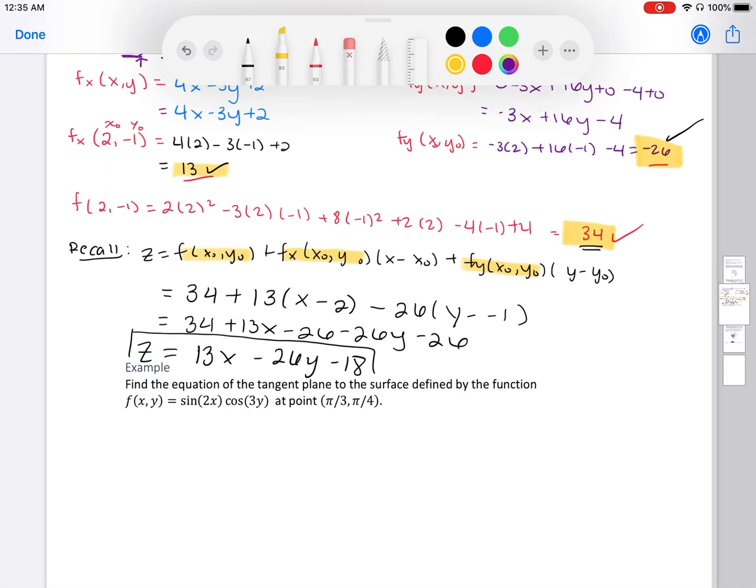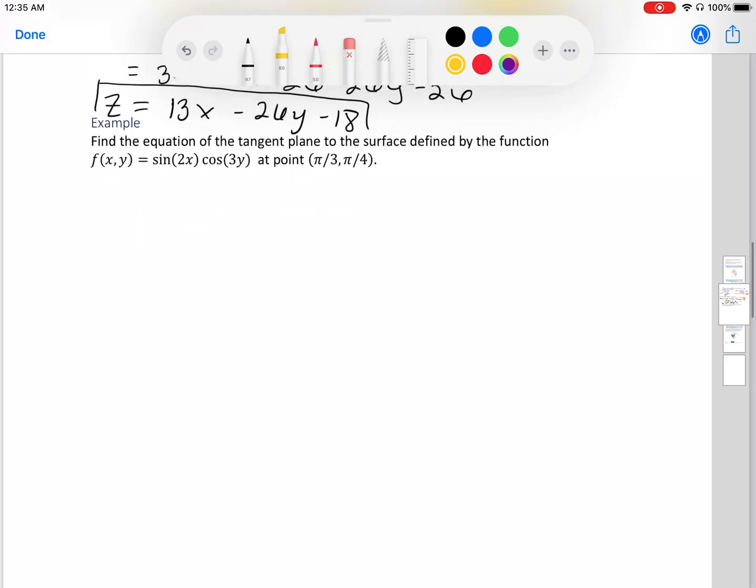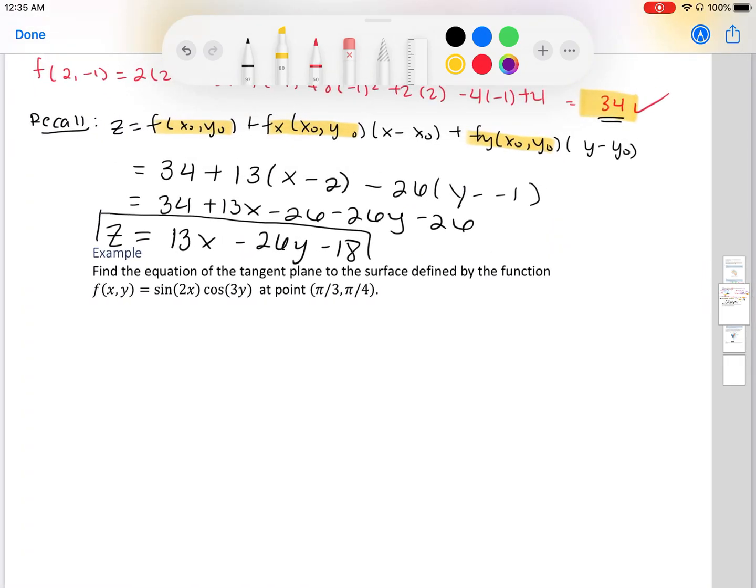Okay, let's do another example, so we can work with some trig functions. Just as before, let's start off by finding the derivative of our function in terms of x and then in terms of y. So f sub x of x comma y. Our x is only here, so we only have to take the derivative there.